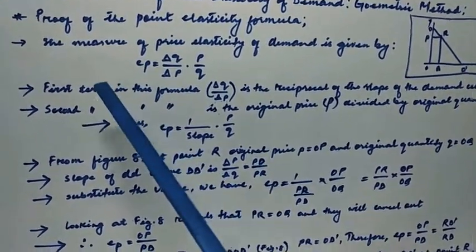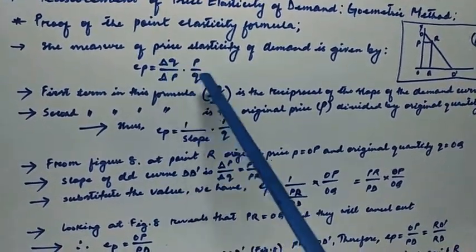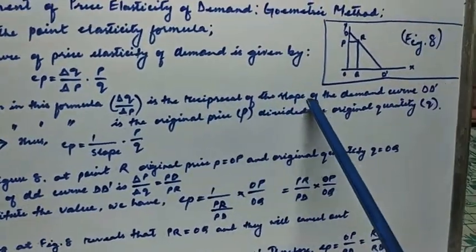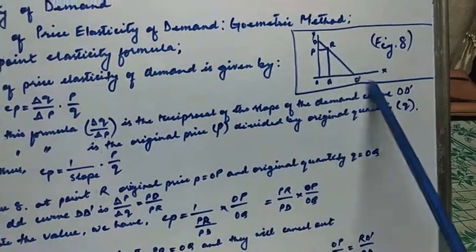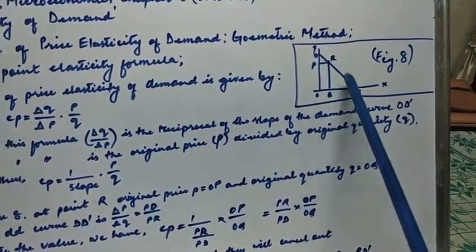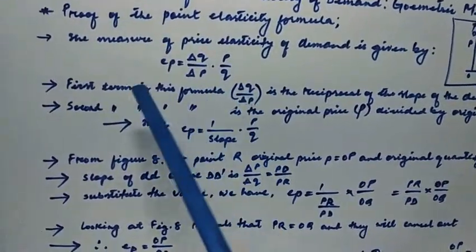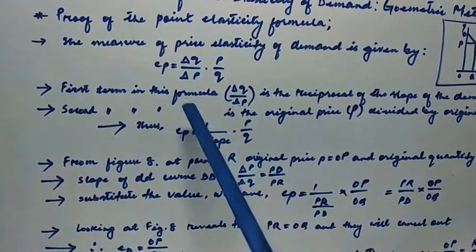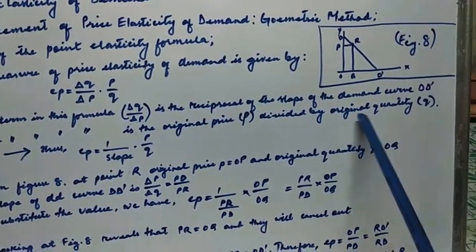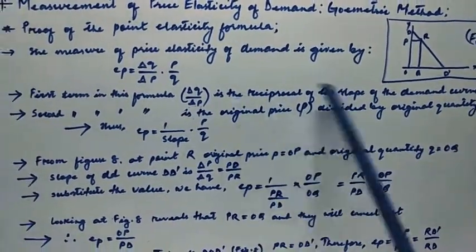The first term in this formula, change in Q divided by change in P, is the reciprocal, which means the opposite, of the slope of that demand curve d dash. Again, in the second term, P is the original price and Q is the original quantity.